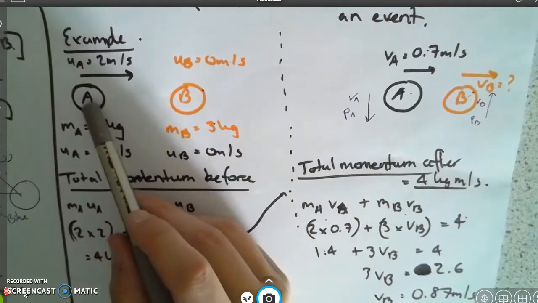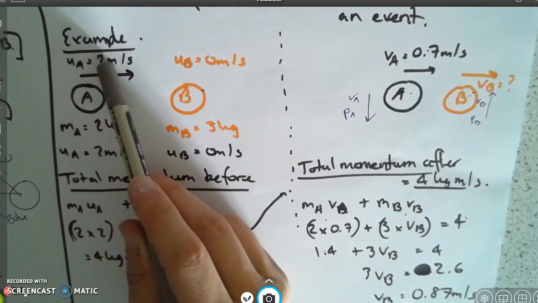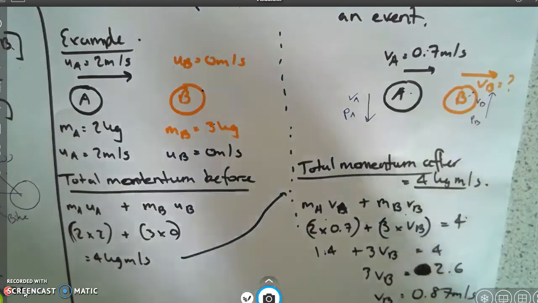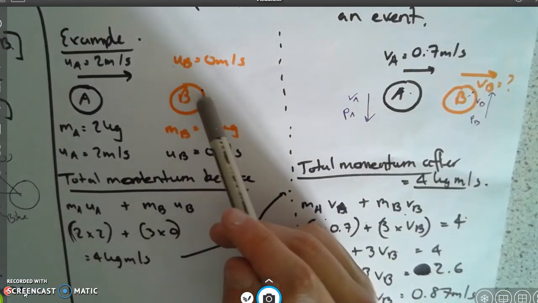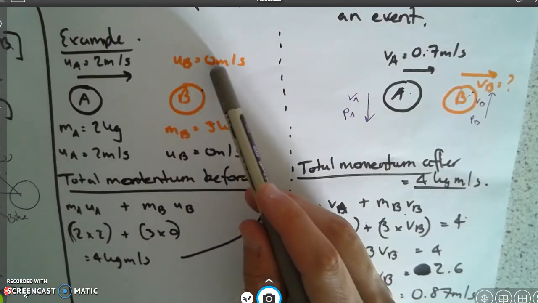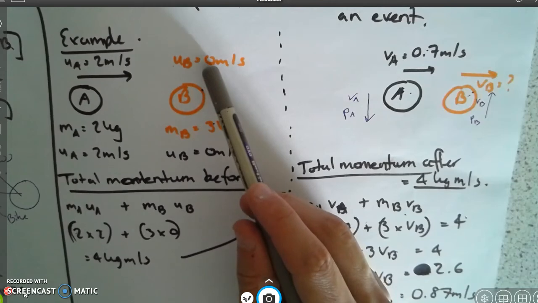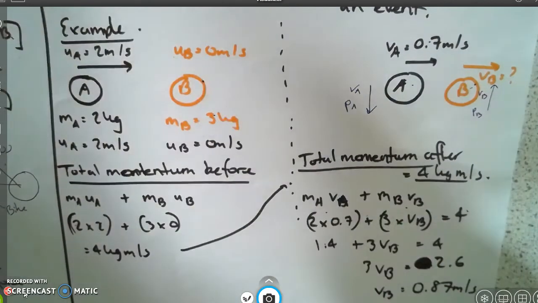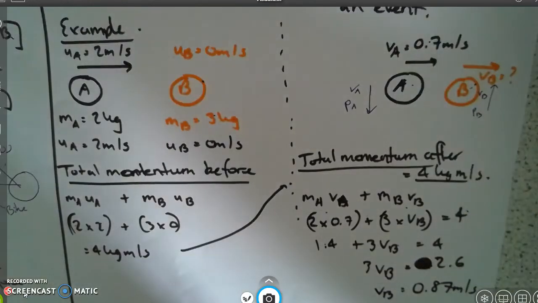We have the mass, which is 2, times the initial velocity, which is 2, because momentum is mass times velocity, and 2 times 2 is 4. The momentum of B before the collision is the mass 3 times 0, which is 0. So the total momentum before the collision is just the momentum of A, which is 2 times 2, which is 4 kilogram meters per second.